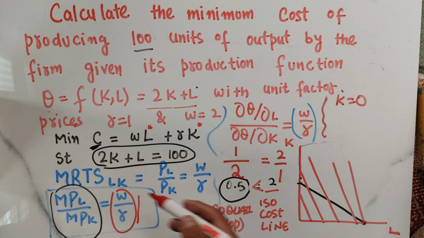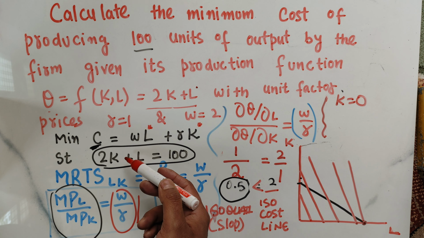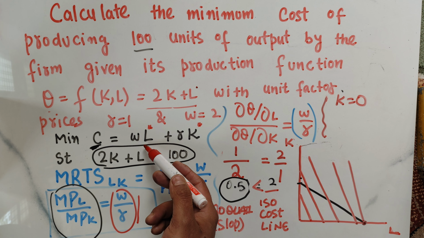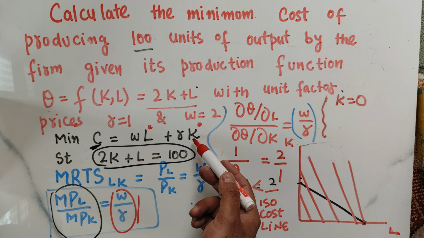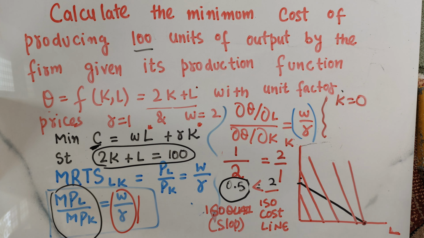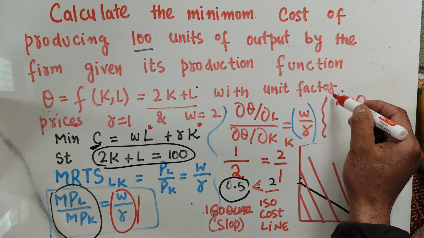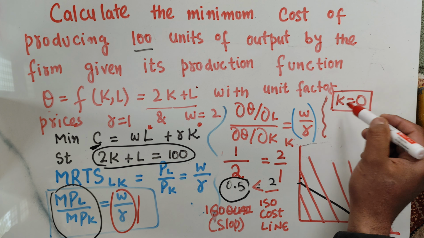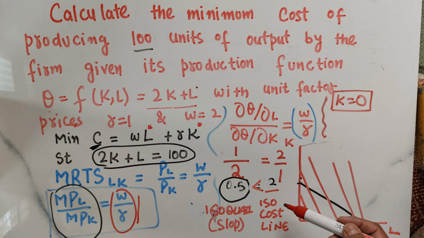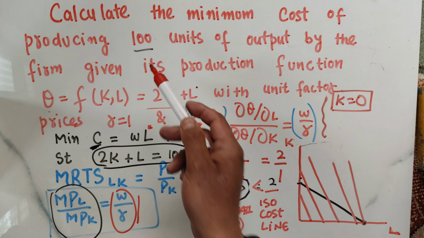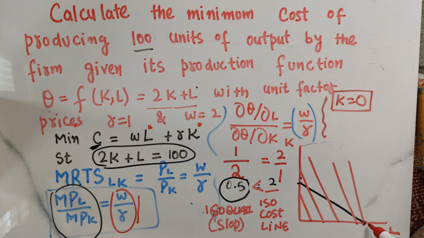We don't use capital. Since we have the isocost line given as WL plus RK, specifically we don't use capital for producing 100 units of output, because at this point K is equal to 0.